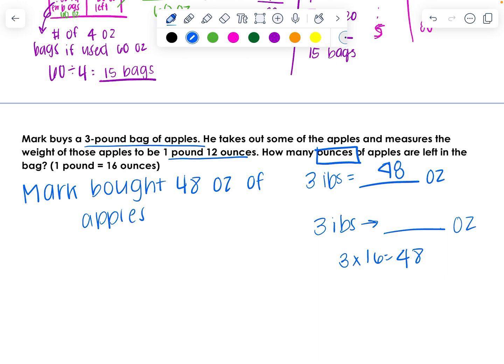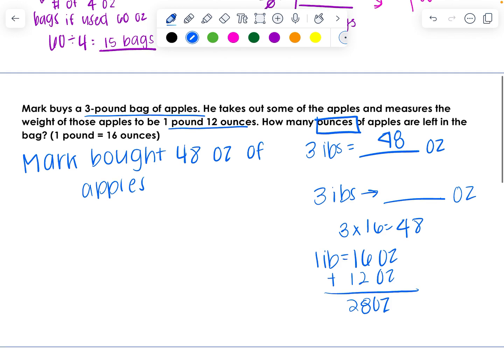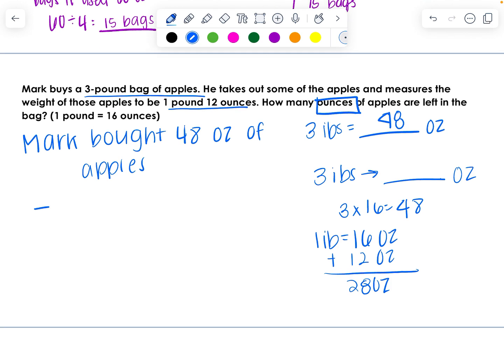And then it says he measures the weight of the apples that he takes out. That weight was 1 pound and 12 ounces. So I know 1 pound equals 16 ounces, and then I can add those additional 12 ounces to get 28 ounces. So then I will subtract the total of 48 ounces and subtract it from the ones he took out.